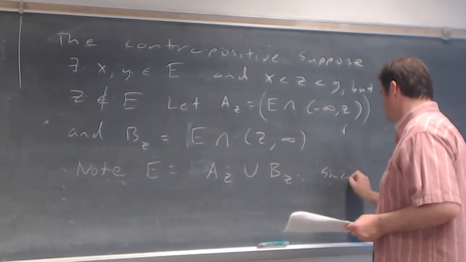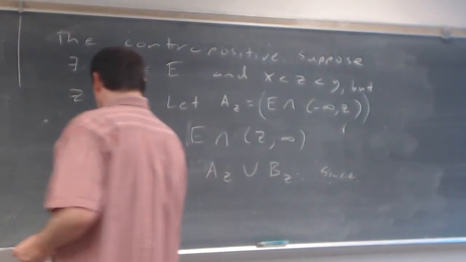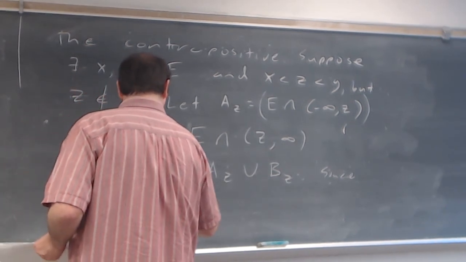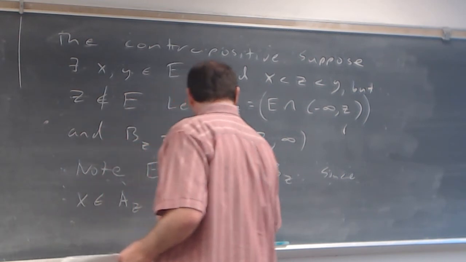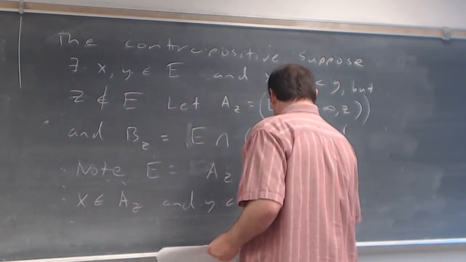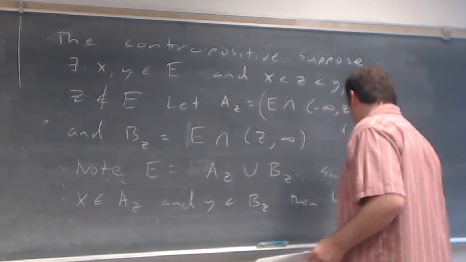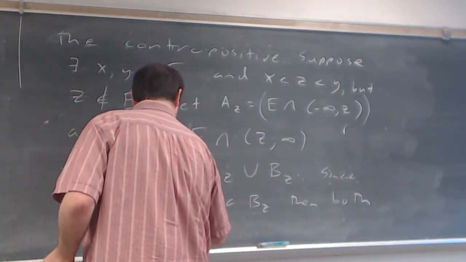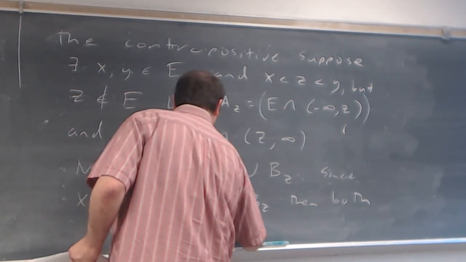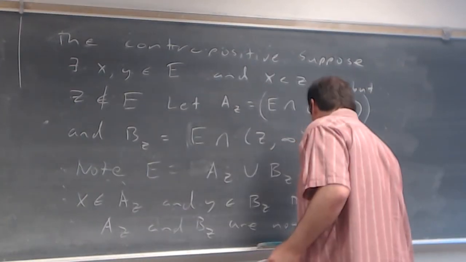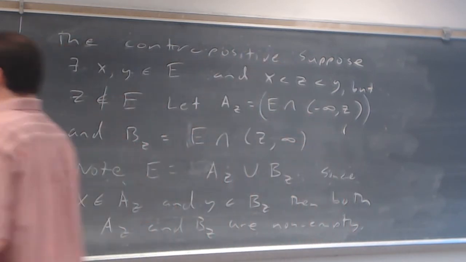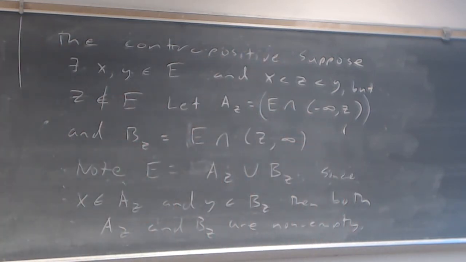So since x is an element of A sub z and y is an element of B sub z, both A sub z and B sub z are non-empty. So we're looking at that definition of being connected.